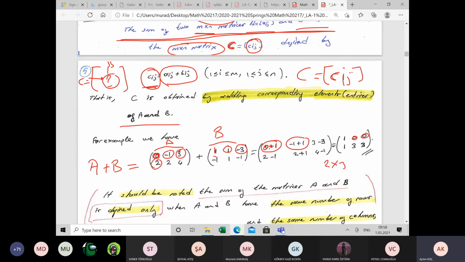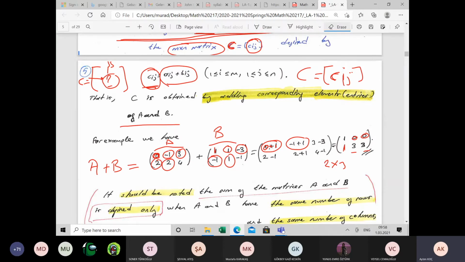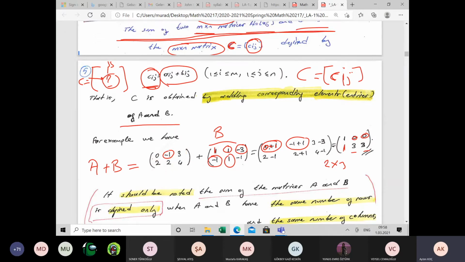And 2 plus minus 1 is 1. 2 plus 1 is 3, and 3 we obtain. So that is how to get the entries of C: by adding the corresponding entries of A and B.